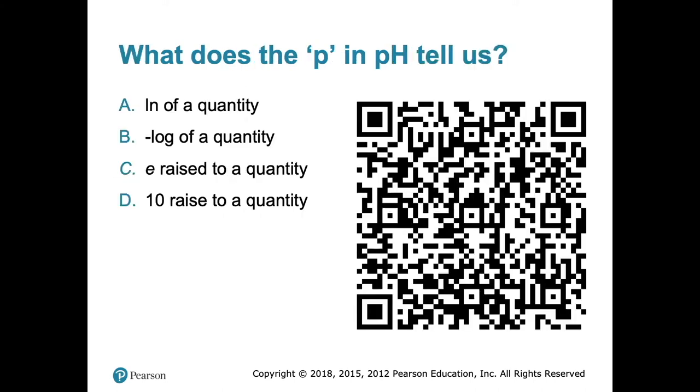So in this question, what does the P in pH tell us? It's the negative log of a quantity. So don't confuse that with ln, which is the natural log. There's the natural log and then there's the negative log. Those are 2 different things. Don't get that confused. And then you have e raised to the quantity. If you remember, e is just a constant number like 2.7153555389 or something like that. But the only part you need to remember is the 2.71 part.